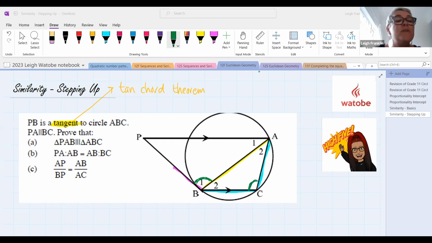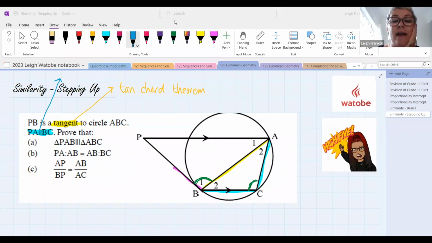The other thing they've given us here are parallel lines. So straight away, when they tell us that lines are parallel, what kind of angles do we start thinking about? Angles that prove that things are equal. Parallel lines, going back to grade 8 even, what angles do we think about? You can pop it into the chat.